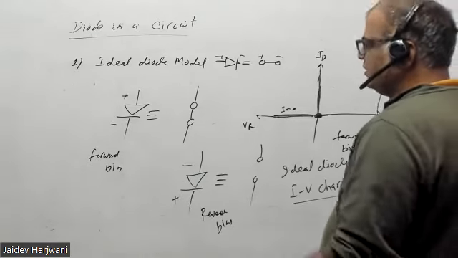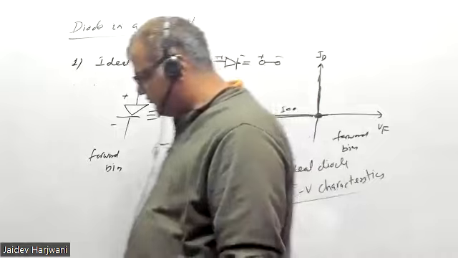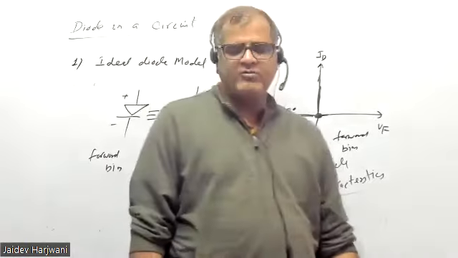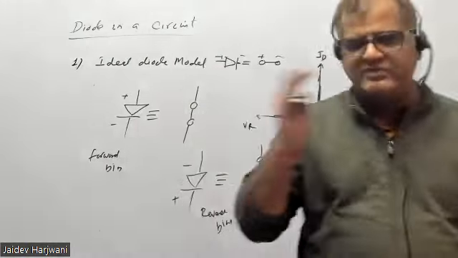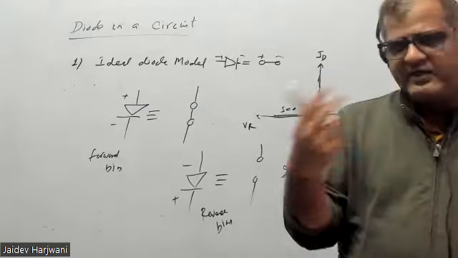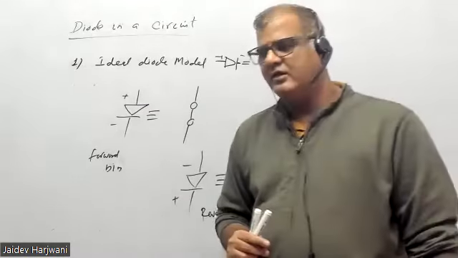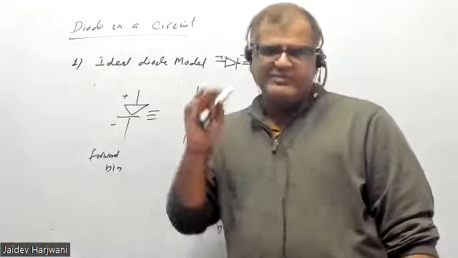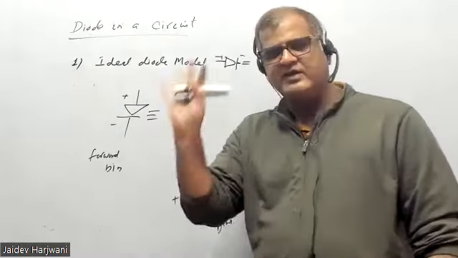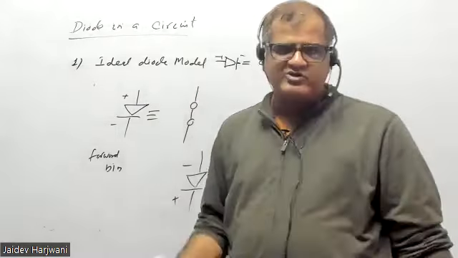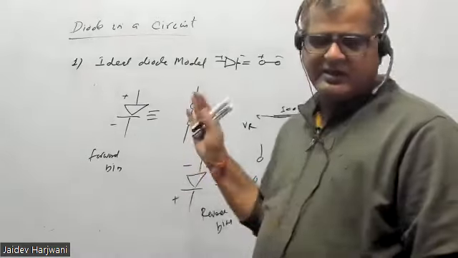First we'll assume the ideal diode model and we'll solve all the problems assuming the diode is ideal. The question will say the diode is ideal, or silicon. It will not say silicon or germanium, it will say simply the diode is ideal. So you should assume the diode is either a short circuit or an open circuit.